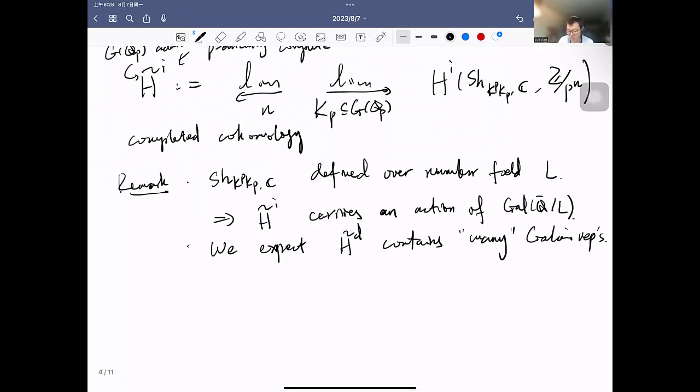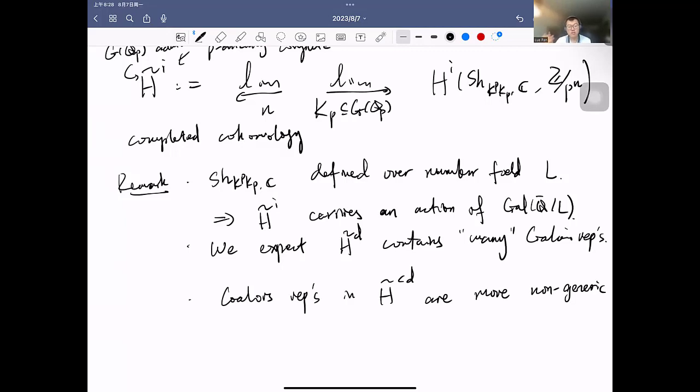So this is for the middle degree, and for below the middle degree, Galois representations are more non-generic.